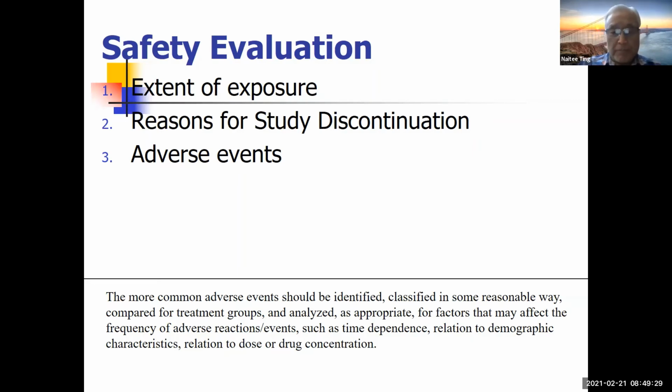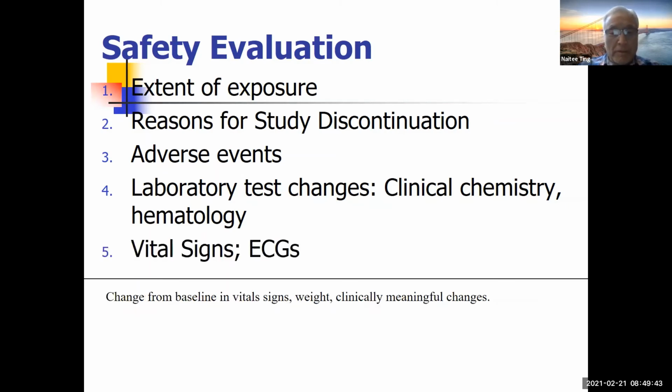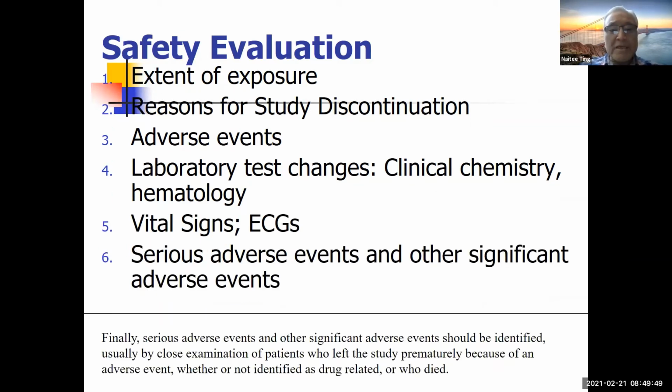All right. Lab findings are objective safety findings: clinical chemistry, hematology, and many other things. Vital signs and ECGs, similar to lab, are objective findings. Then SAE, serious adverse events and other significant adverse events.